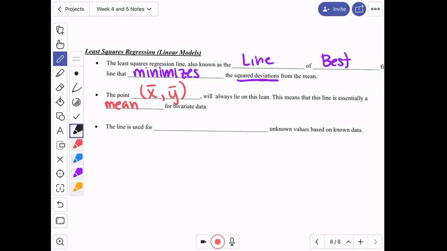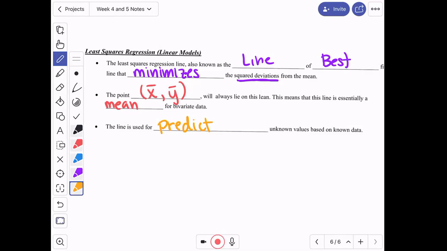And we're going to use the line to predict unknown values based on known data. That's our goal. We're going to use that line to predict unknown values based on known data.